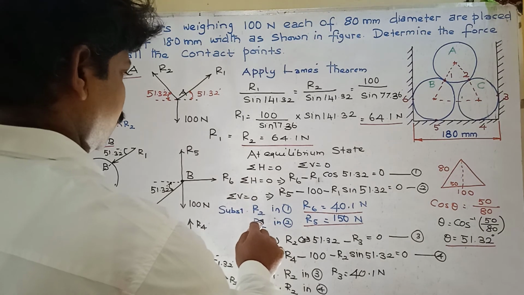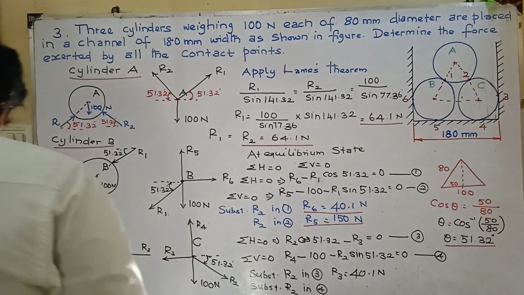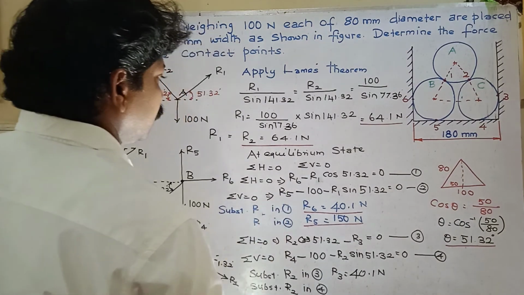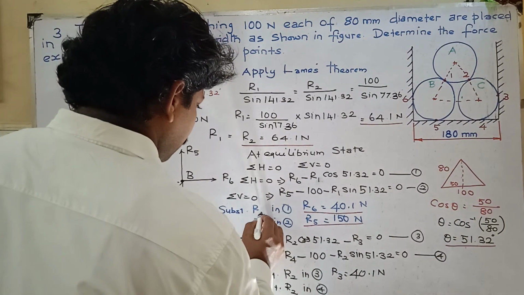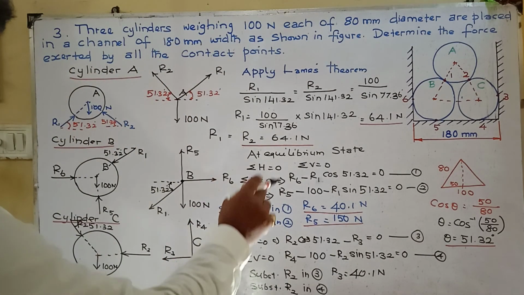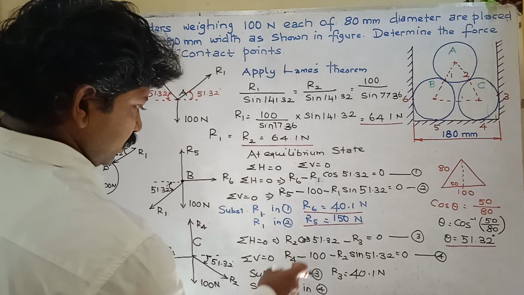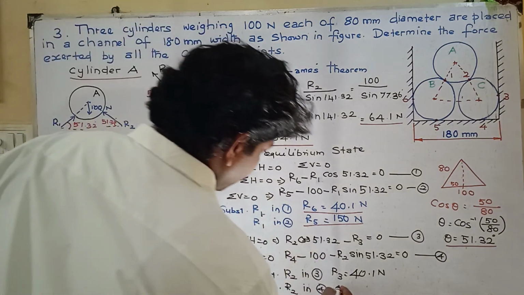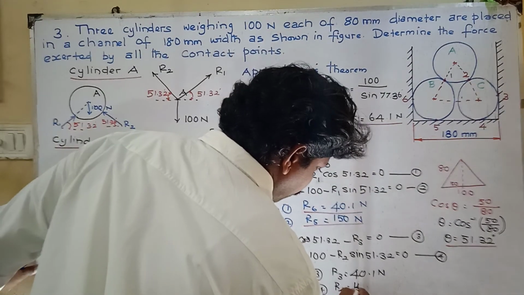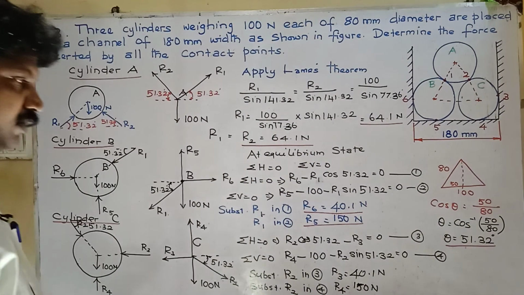Substitute R1 and then find the values. Okay. Right. Now substitute R2 in equation 4, find the value R4. R4 equal to 150 Newton.